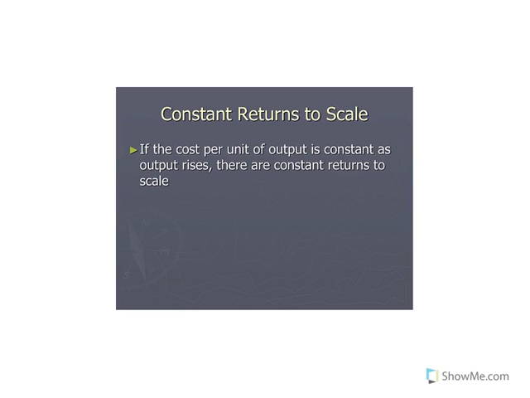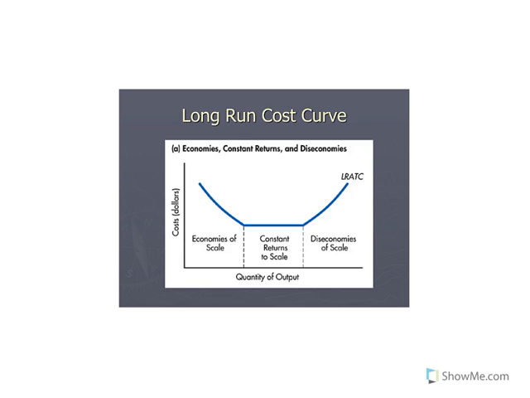Now, a firm can also experience something called constant returns to scale, and that's going to be at a level of output where they can actually increase or decrease the amount of output that they produce, and their cost per unit doesn't actually change. And so that's going to be at the bottom portion of the long run average total cost curve. So here, if we flatten out the bottom of our long run average total cost curve, it makes it easier for us to see how a firm can experience constant returns to scale.